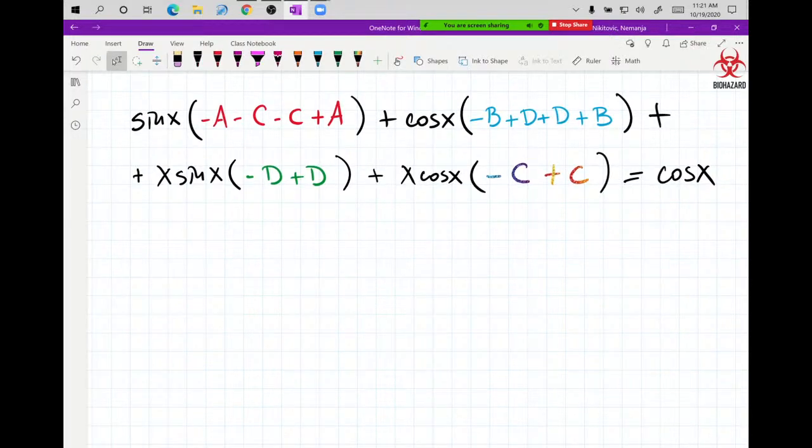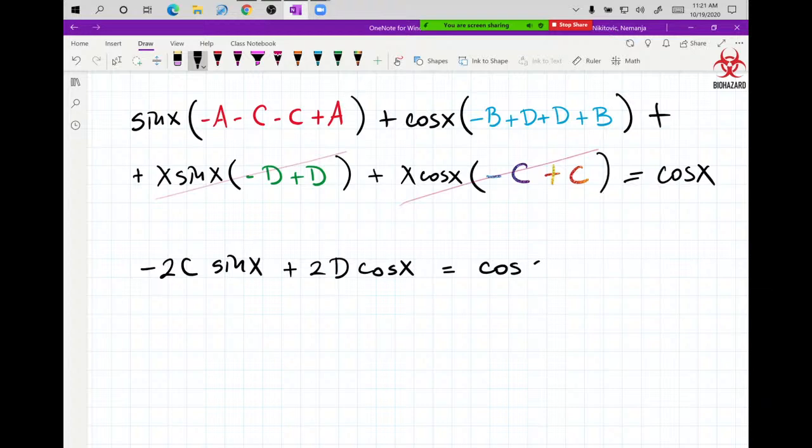So, what do I have now as the equation? Coefficients a are cancelled, negative 2c sine x. B's are done, plus 2d cosine x. And these terms are just gone because they're multiplied by 0.